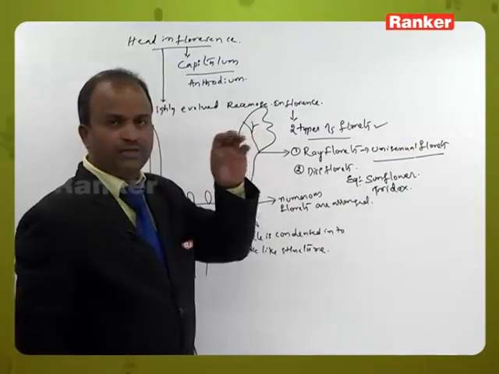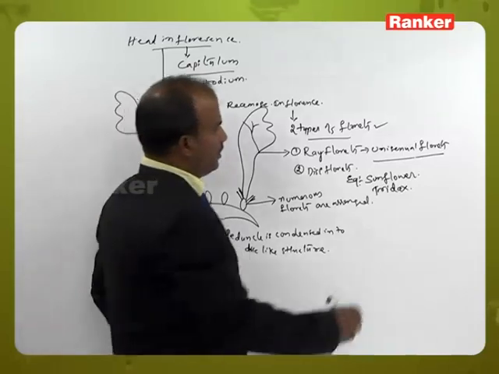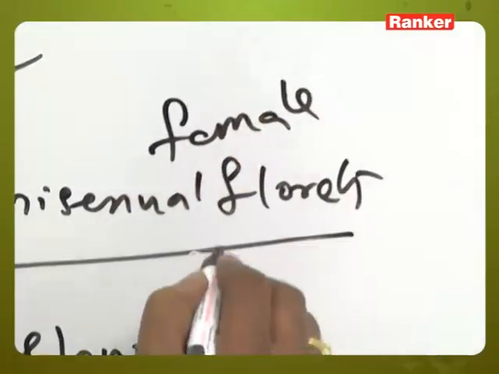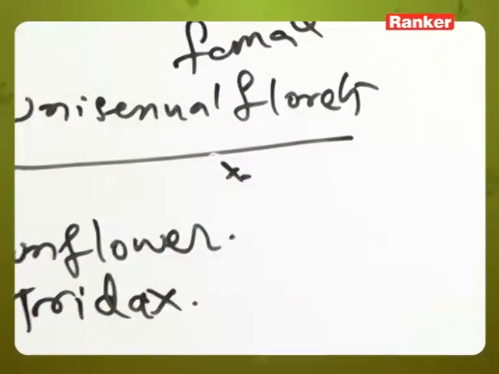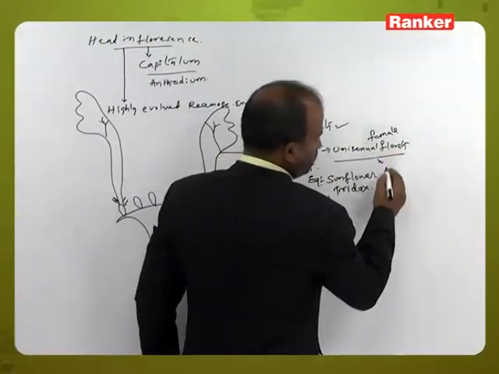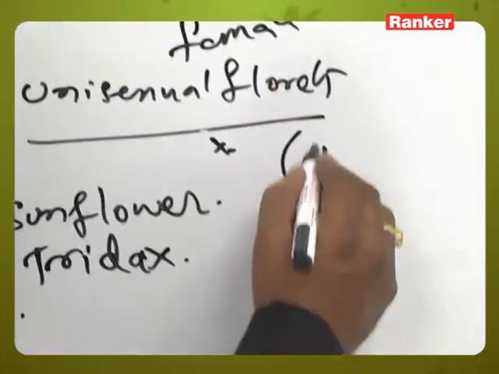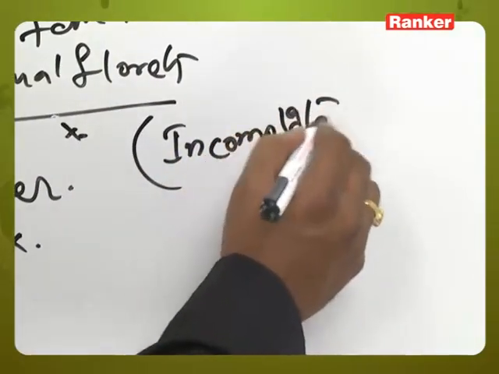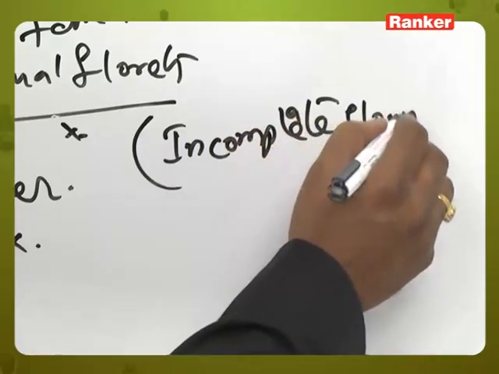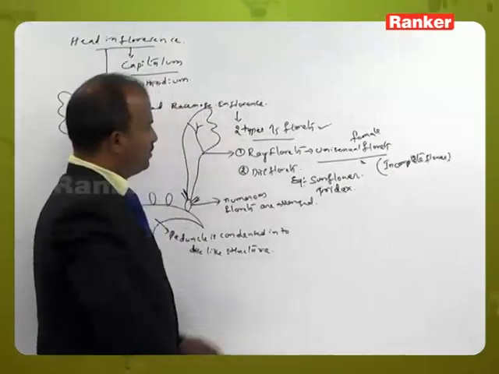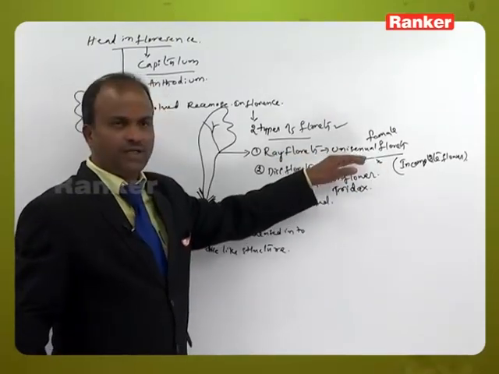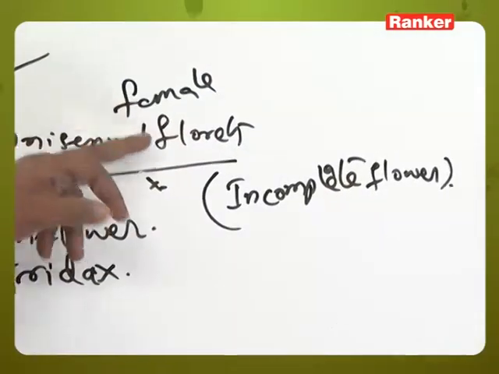Because they show only stigma, so they are also called unisexual female florets. Whether this is a complete or incomplete flower: this is an incomplete flower. That means ray florets are unisexual florets, also called unisexual female florets.